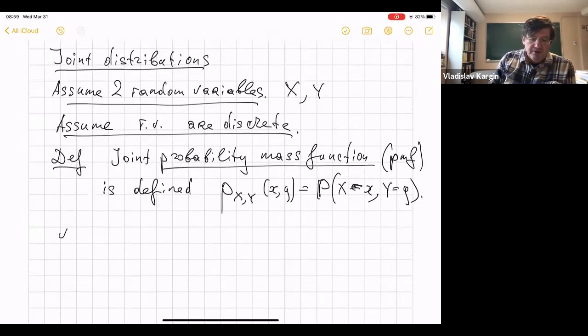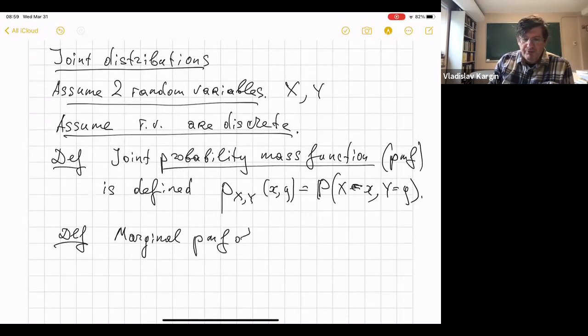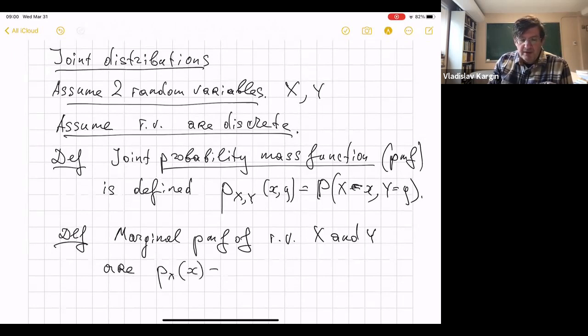So now another definition is the marginal PMF of random variables X and Y, kind of the usual PMF of X and Y. So P_X(x) is equal to the probability that X takes value x, and P_Y(y) is the probability that Y takes value y.